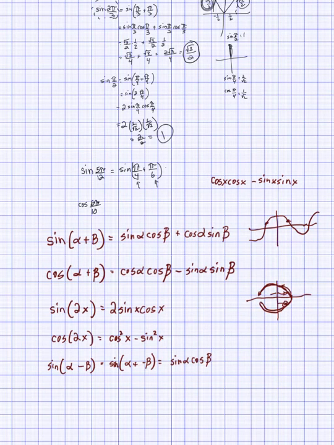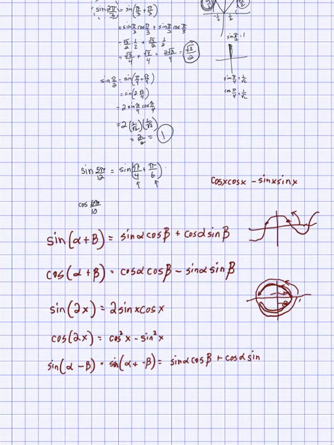Right? And then so we're going to say that's going to be plus the cos of alpha times the sine of negative beta. But honestly, if you look at a negative sine, sine goes this way, it's positive, and then positive, and then negative, and then negative.